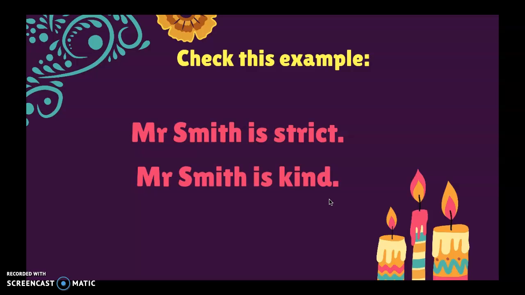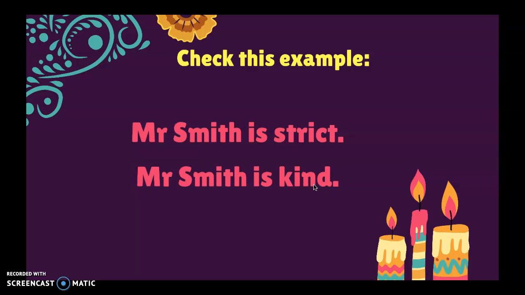Mr. Smith is strict. The second sentence would be Mr. Smith is kind. Are we talking about the same person? Yes, we're talking about Mr. Smith. So we're talking about the same person named Mr. Smith. But do you think there are two opposing ideas here? Right. The ideas strict and kind are different. So one is a negative and the other one is a positive, right? So there are two opposing or different ideas.